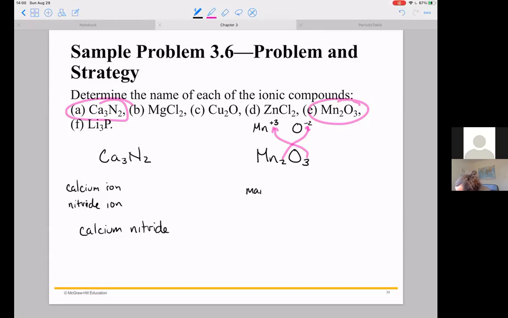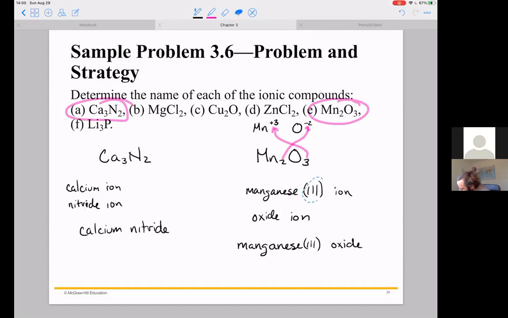So this is the manganese 3 ion and the oxide ion. So those would form manganese 3 oxide.